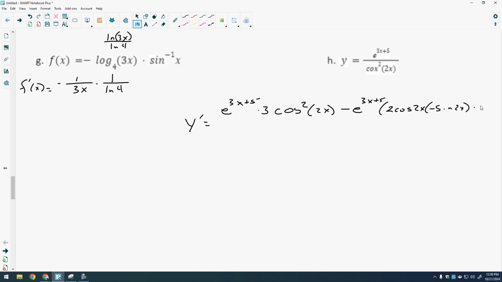And finally by the derivative of the inside. Technically I need parentheses around here, but I know if I throw them in there, it's going to make a mess. So there's parentheses around that 2x. Well, I can't not. All over the bottom squared makes it cosine to the 4th of 2x.